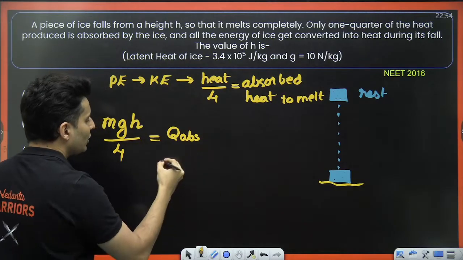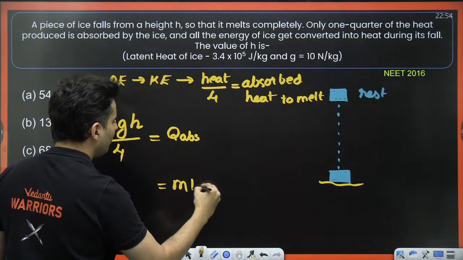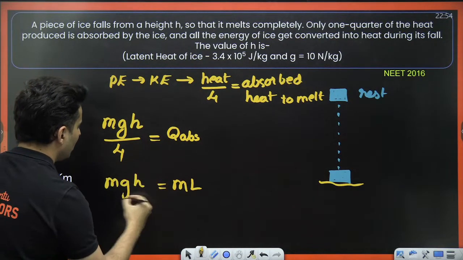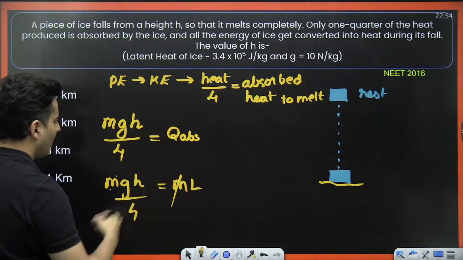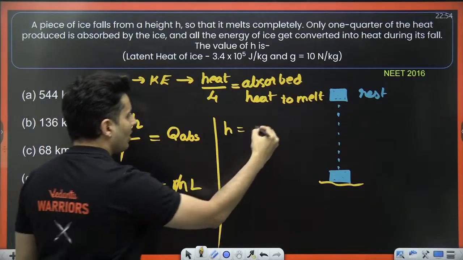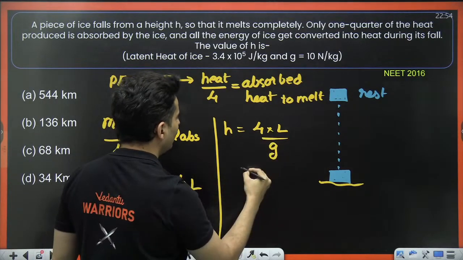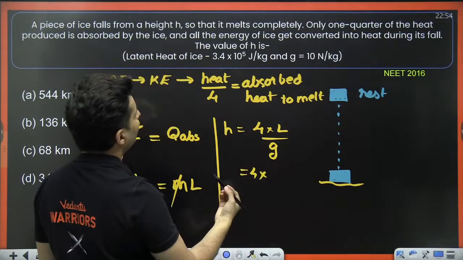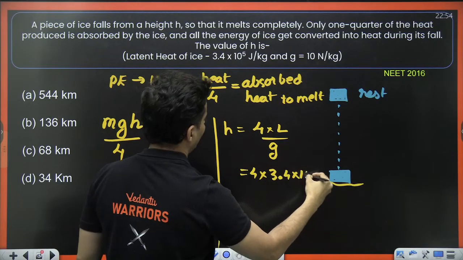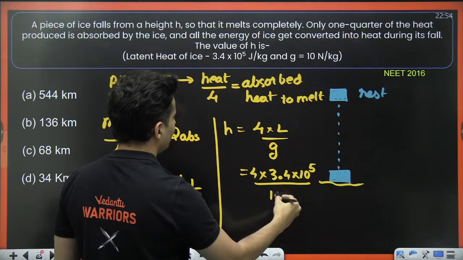to melt it. So to melt, what will you do? The heat, you will equate it to m into L. So mgh by 4 is mL. M cancels. So what will I get? h is equal to 4 times latent heat divided by g value. So 4 times latent heat of ice, which is 3.4 into 10 to the power 5, everything in SI units, and divided by g, which is 10.